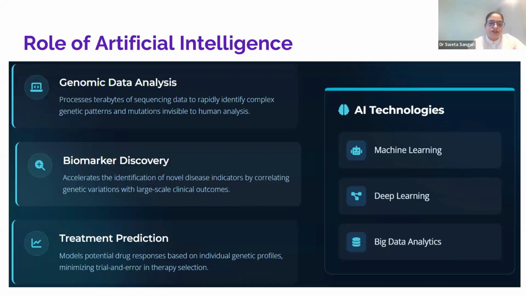Role of artificial intelligence. Modern molecular diagnostics generates an enormous amount of data. A simple NGS generates data which, if we don't make use of certain software and AI, it is very difficult to derive meaningful information from.